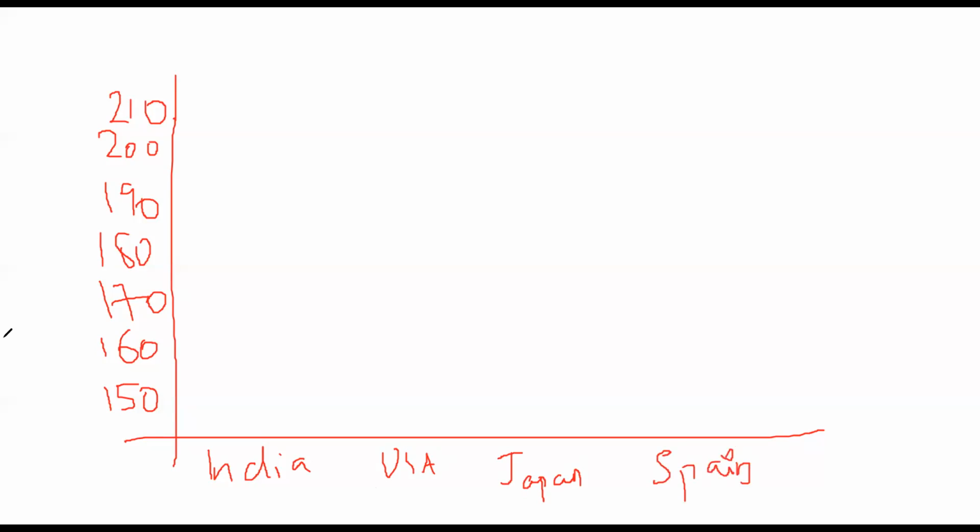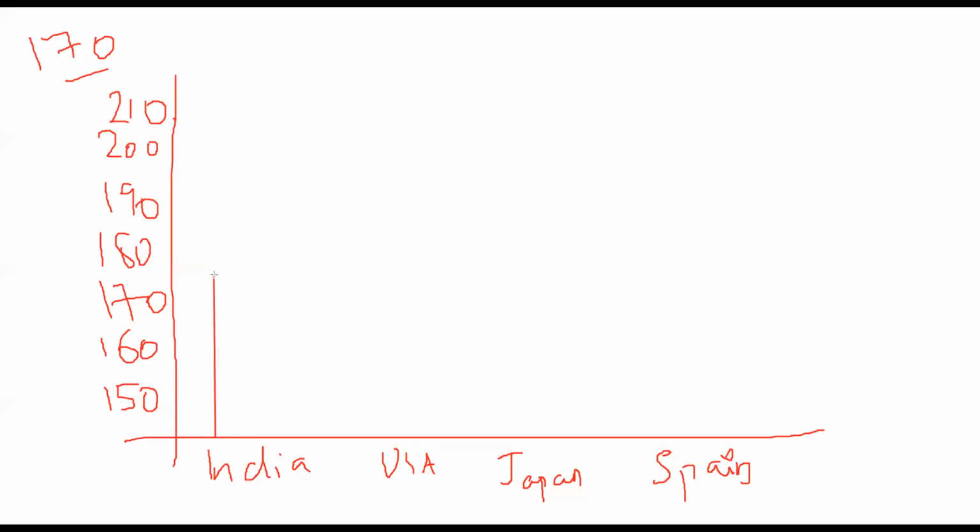Okay. Now let's suppose generally the average height of men in India is close to 170 centimeters. Okay. That's around 5'7". So in that as well, I can have differences in states. Matlab, let's suppose I have a multiple bar diagram in the sense that the average is 170, right?